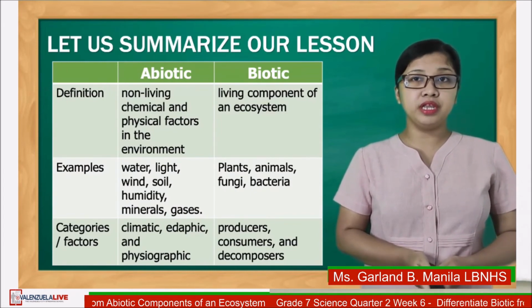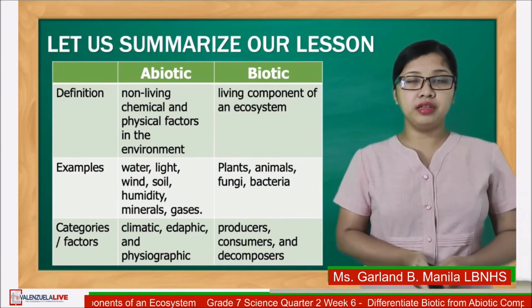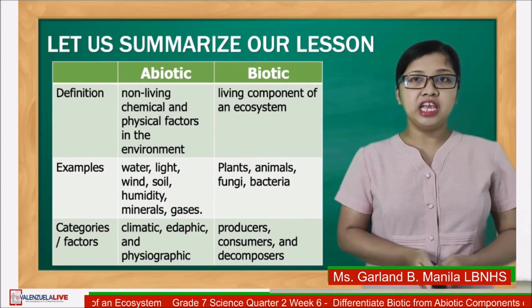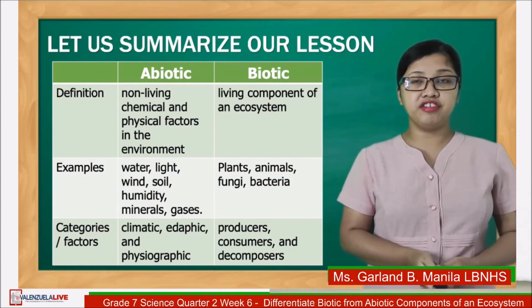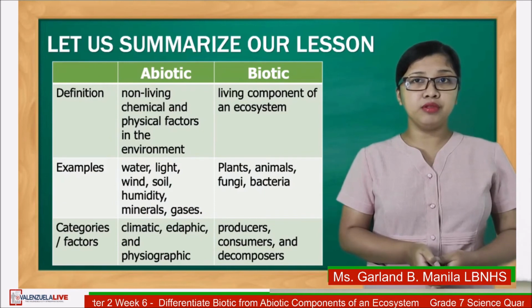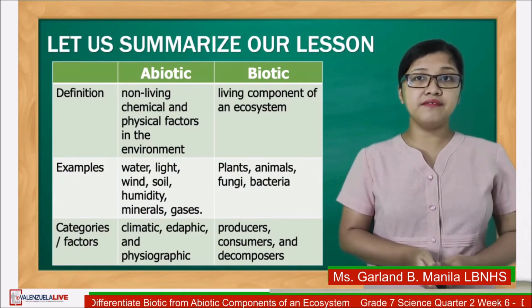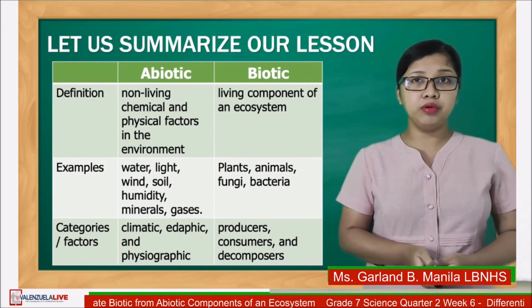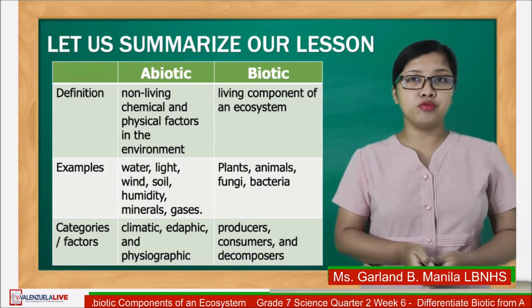Examples of abiotic are water, light, wind, soil, minerals, and gases. In biotic, examples are all living things such as plants, animals, fungi, bacteria. Factors involved in abiotic are categorized as climatic, edaphic, and physiographic, while in biotic, we have producers, consumers, and decomposers.